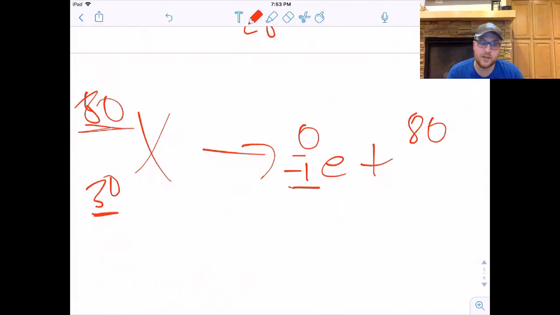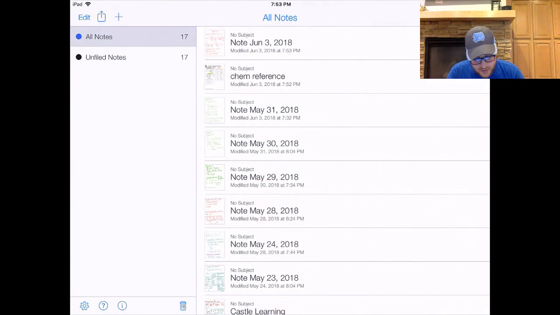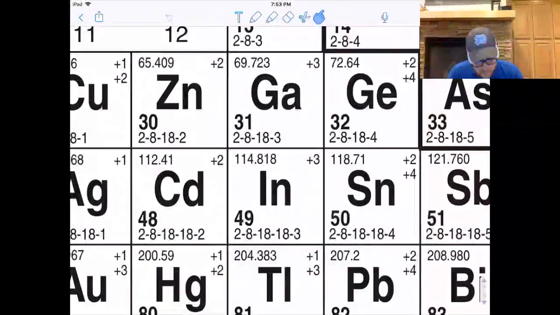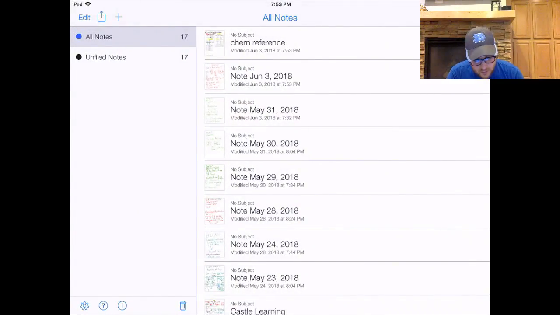But 29 minus 1 is not 30. 31 minus 1 is 30. Alright, so be careful with beta. Number 31 on the periodic table is gallium. So your final answer would be 31, 80, gallium.